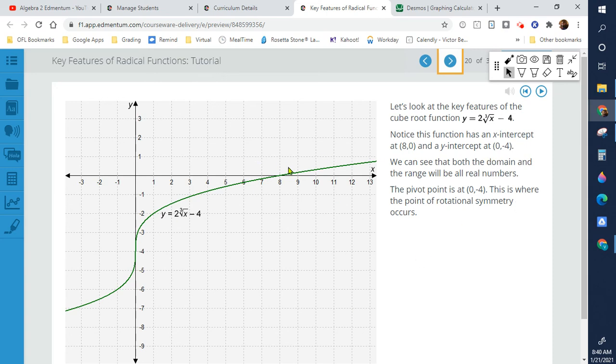Also, if you make changes to it, so this -4 is on the outside of the square root, so it does go down. The ×2, since it's outside, it does double the growth rate. And that's going to affect it. They talk about here how it affects every little point.